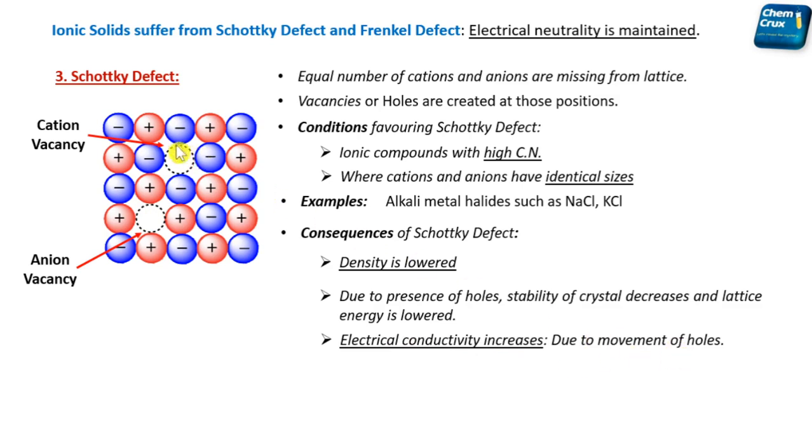Because some holes are generated, adjacent ions can move to these holes. As a result, new holes will be generated at other positions, right? And due to the movement of the ions or the holes, the electrical conductivity of the overall solid will increase, right?